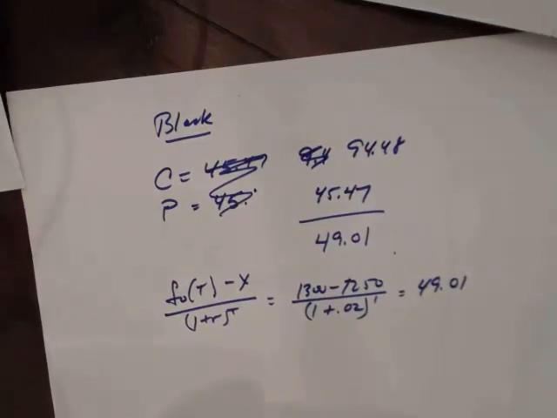Now, one more thing before we're done with the video, and that's early exercise of futures options. Obviously, if we're discussing early exercise, we're looking at American futures options. If you recall, when we did standard stock options, we asked, is it ever optimal to exercise a call option on a non-dividend paying stock early?